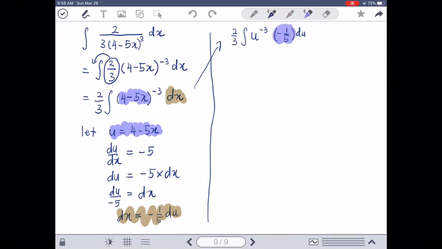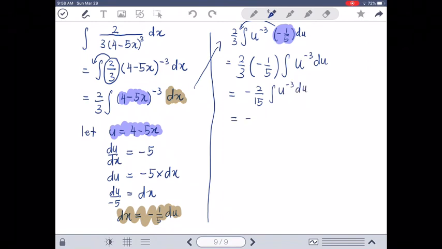When we have a constant, we can bring outside, becomes 2 over 3 multiply with negative 1 over 5, integrate with u to the power of negative 3 with respect to u, becomes negative 2 over 15, integration of u to the power of negative 3 du.